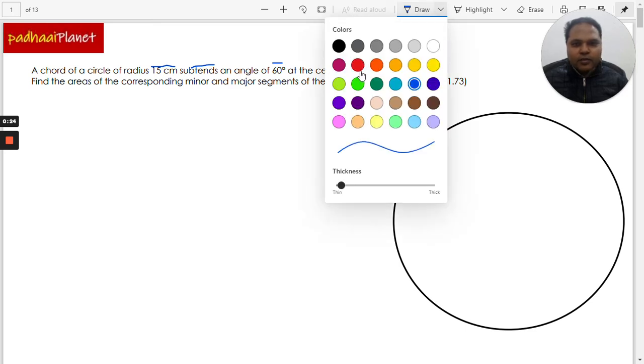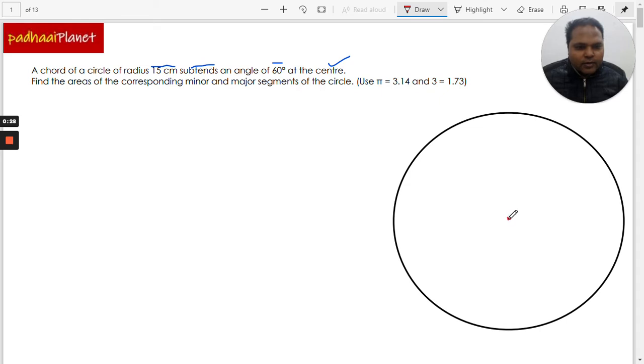So let's first draw what we have in this question. Suppose this is the center, and I'm just trying to draw the sector.